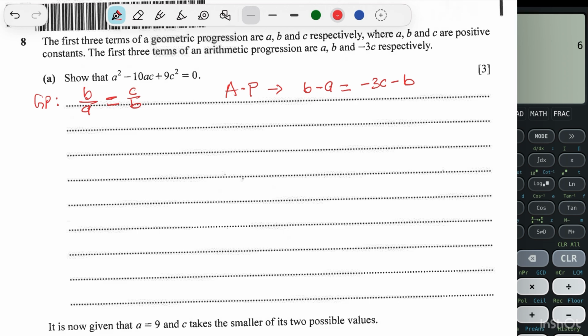Obviously you can see we eliminate b. So b squared, if I cross multiply, will be ac. And 2b here will be equal to a minus 3c. So all I need to do is substitute. Let me call this 1 and this 2.